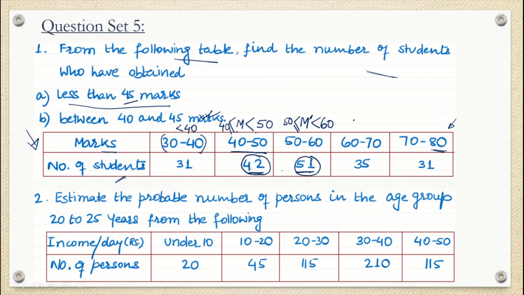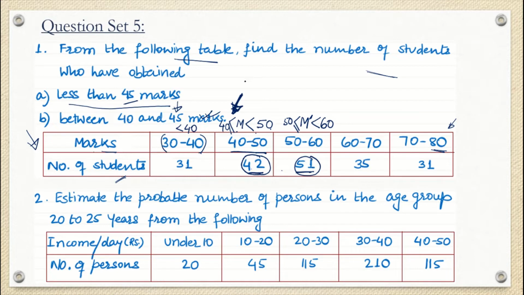But can I say, by looking at the second column, how many students have scored marks less than 50? Just for simplicity, the first column is straightforward: a total of 31 students have scored marks less than 40, and we are assuming that the minimum marks is 30.